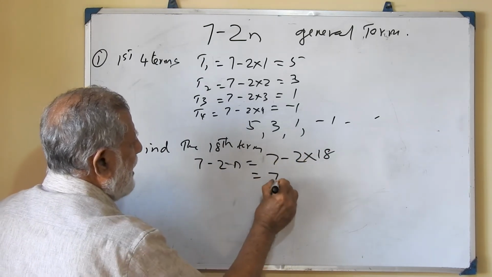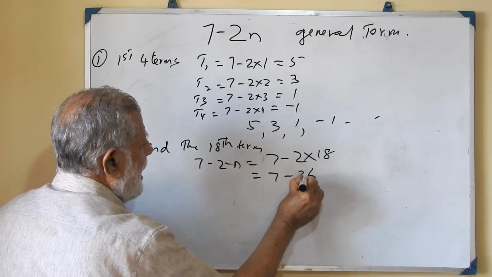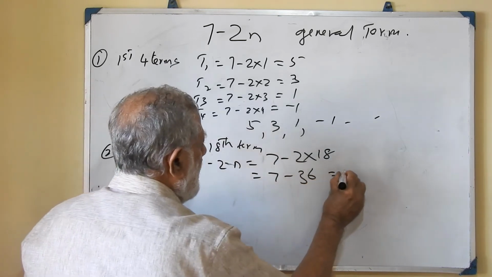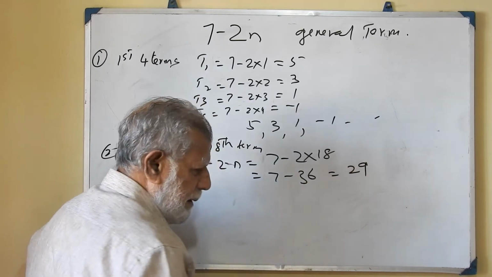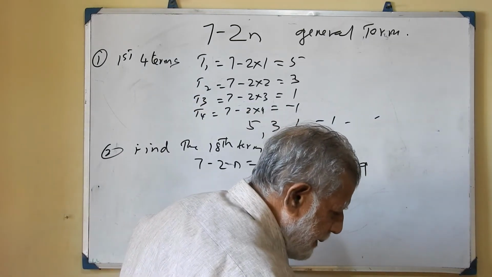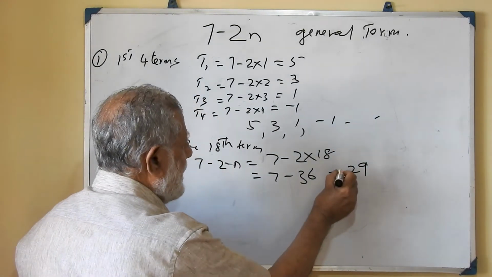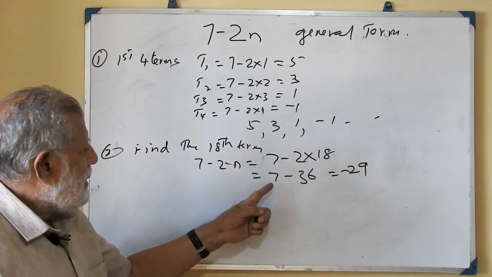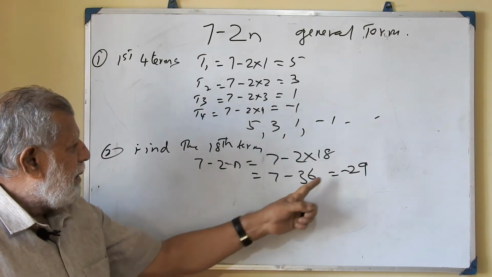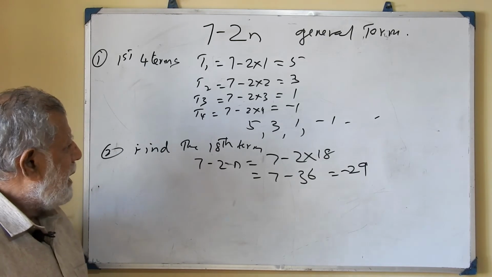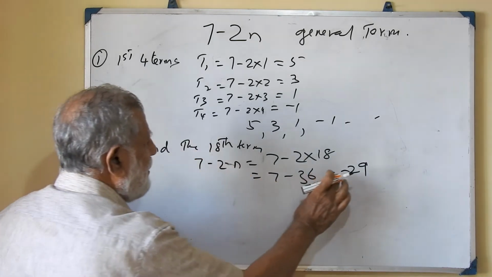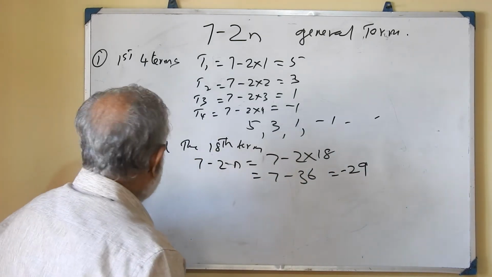That is equal to 7 minus 36. 7 minus 36 equals minus 29, sorry, the minus is more. So the 18th term of the series is minus 29.